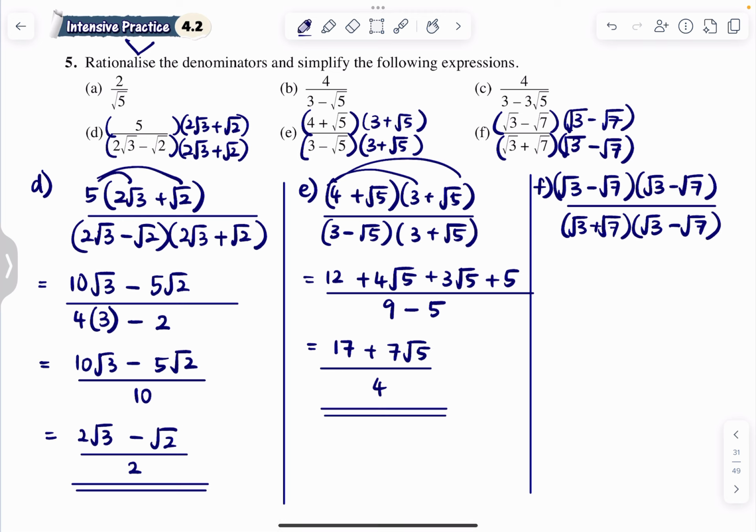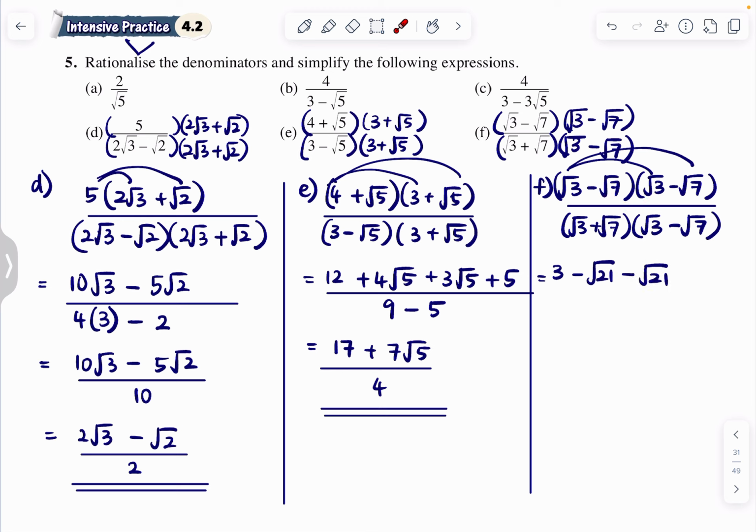Right, so on top if we expand, √3 times √3 is 3. √3 times negative √7 is negative √21. Because both also got surds, we can put them under the same surd, then we multiply the numbers. 21 now. Same thing here. So negative √21 again.